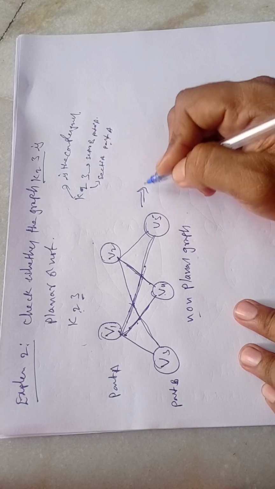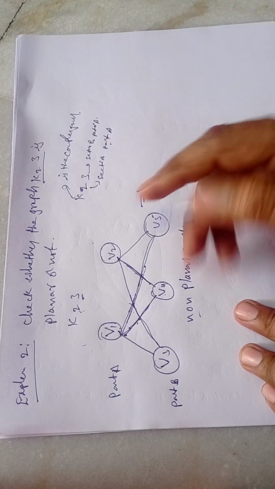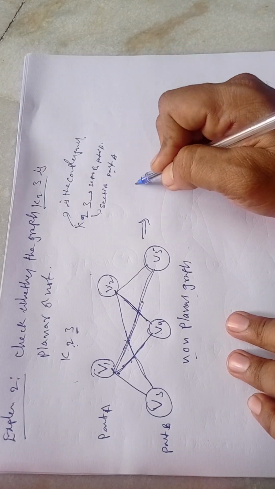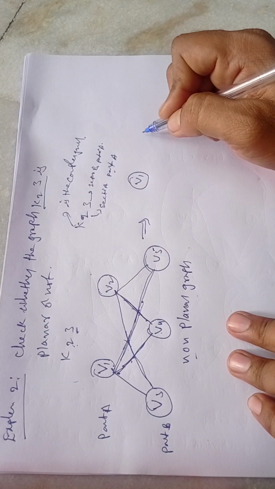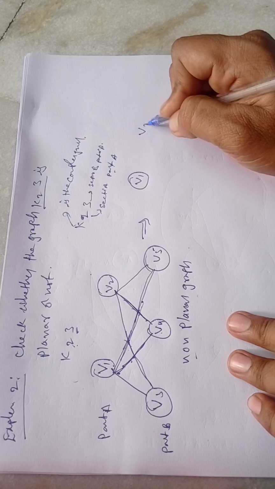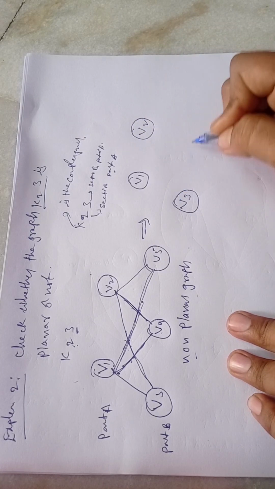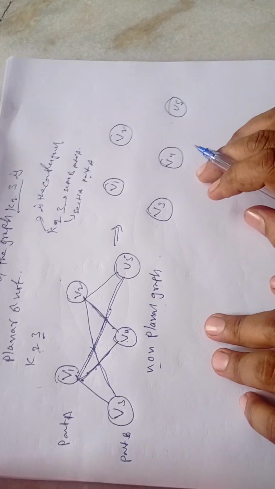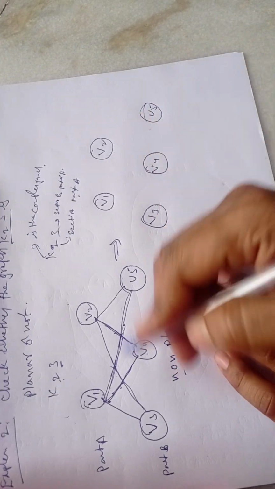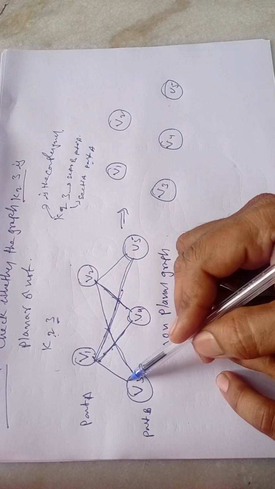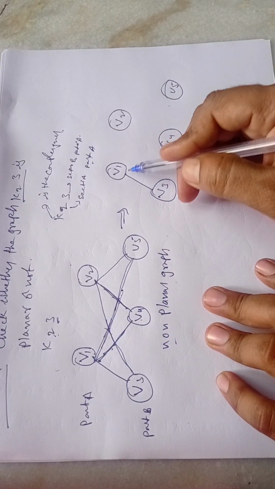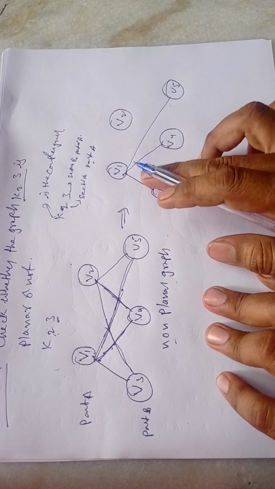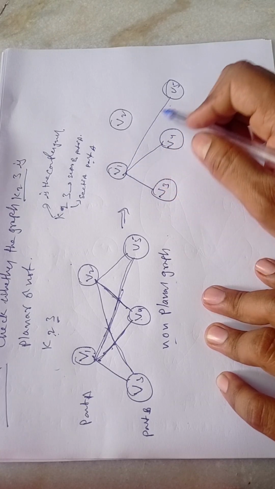In another way, we convert the graph to another drawing with V1, V2, V3, V4 and V5. V1 to V3, V1 to V4, V1 to V5 have no crossing edges, so that is correct.